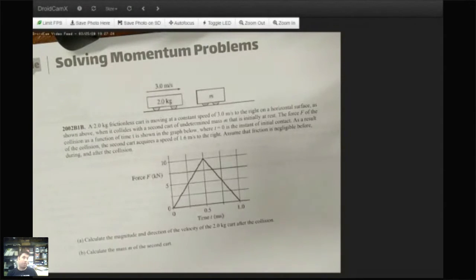Well, we're given a force time graph, which means we've got to do something with forces and times. There's not really much of another option going on here. So because we've got forces and times, let's work with forces and times. That to me says we're doing momentum. We're doing impulse. We're looking at the area under this graph.